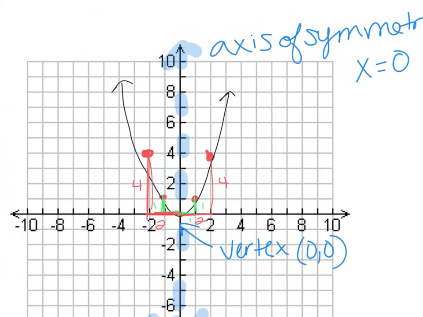So over 3, up 9, right? Then to the left, if you were going to do -3, it would be over 3, left 3, up 9. So my parabola is very off, but that's kind of the idea, and that's the parent function. So it would definitely be worth your while to have that memorized, that it is over 1, up 1, over 2, up 4, and over 3, up 9.